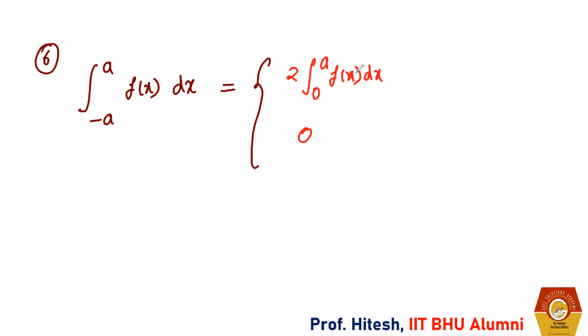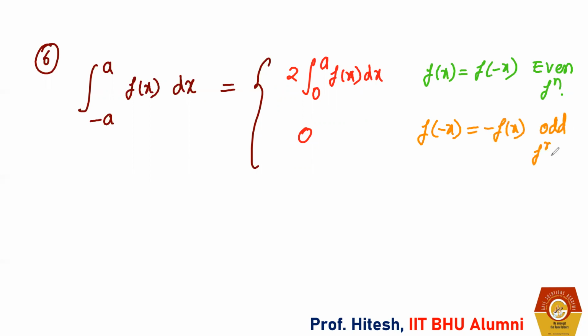It depends on whether the function is even or odd. If f of x is equal to f of minus x, even function, then it will be twice the integral from 0 to a of f of x dx, otherwise it is 0, when f of minus x is equal to minus f of x, that is odd function.